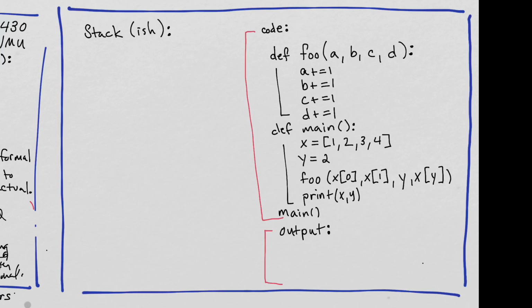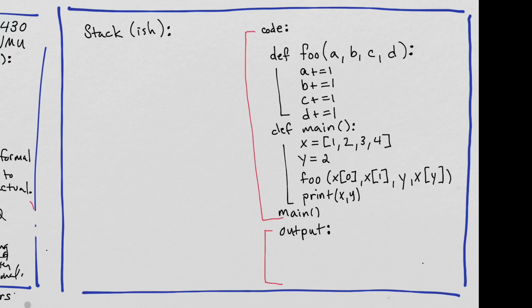Okay, so let's see what this looks like in action. Look at the code on the right that I've got here. I've got a function foo that takes in 4 parameters, a, b, c, d, and a function main that initializes a list and then also a variable y, and then it calls foo passing a bunch of parameters and prints them out.